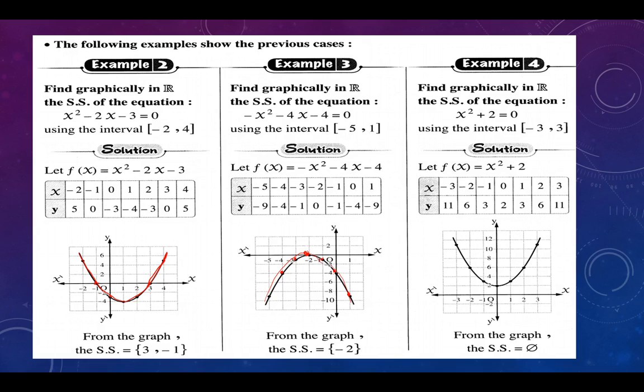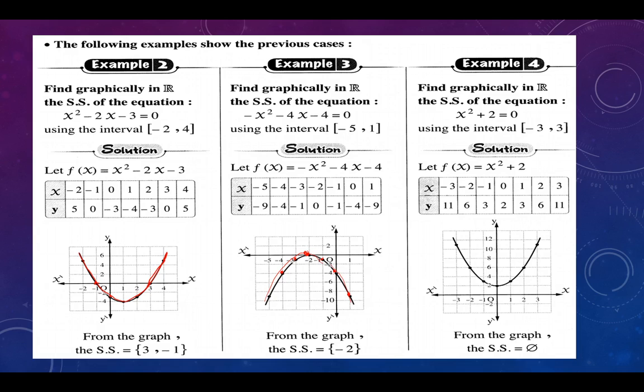And the last example: find graphically in R the solution set of the equation x² + 2 = 0 using the interval -3 to 3. Okay, solution. First, let f(x) = x² + 2.